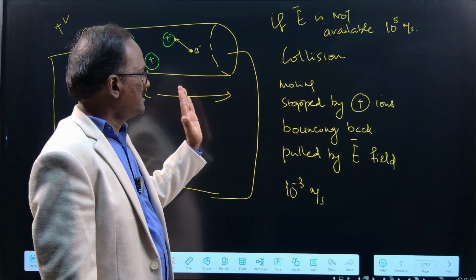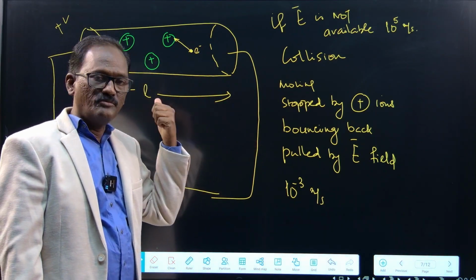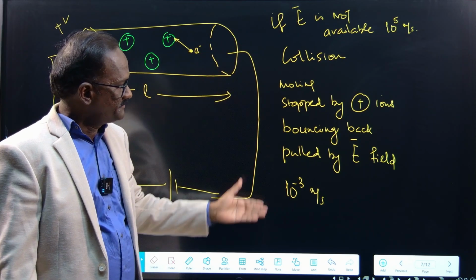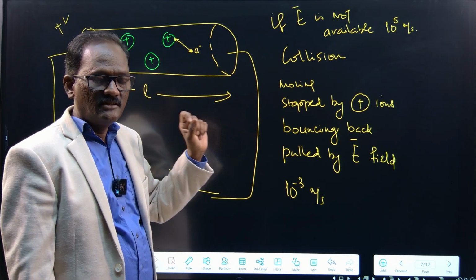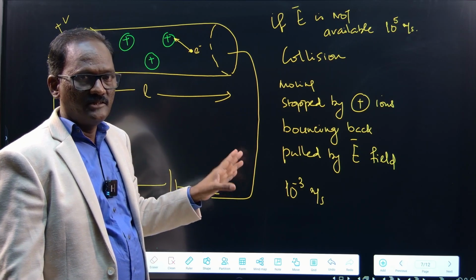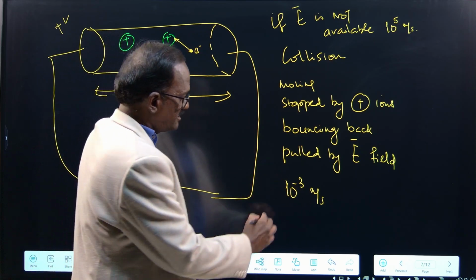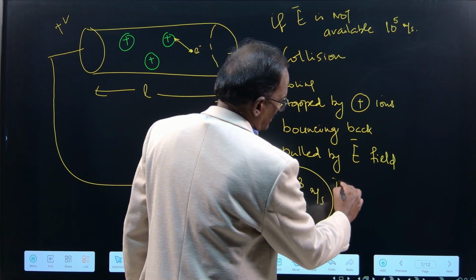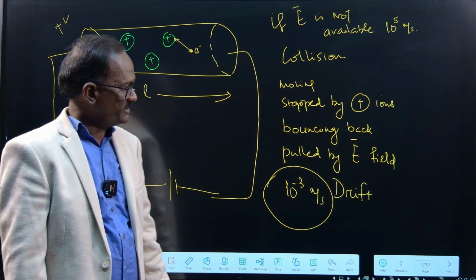This is because it is moving, stopped by positive ions, bouncing back, pulled by the E field. These things are happening for every electron frequently, successively, continuously. That is why its speed is reduced. This is drift velocity. That is why we are using the word drift, to move slowly, right?